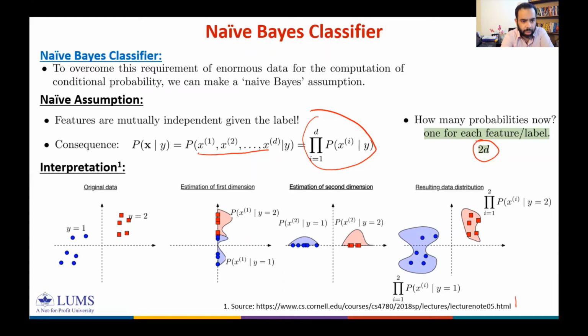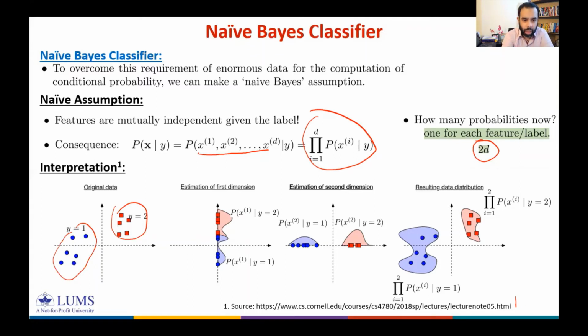The feature space is 2-dimensional, and we have 2 labels, so y is equal to 2 here, and y is equal to 1 here. Given this data, we want to estimate the joint probability distribution of x1, x2 given y is equal to 1, and x1, x2 given y is equal to 2.